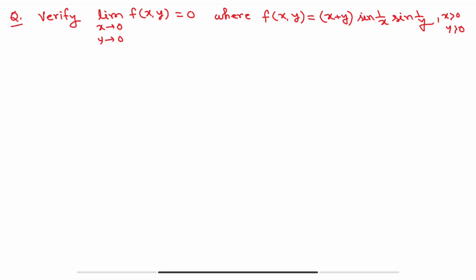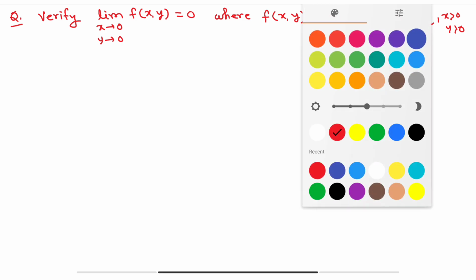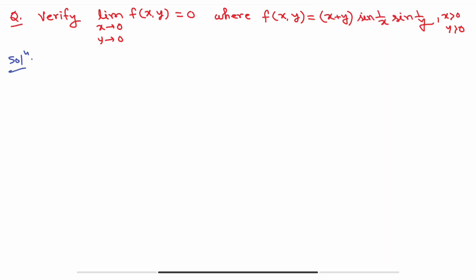Same concept. Solution. We have to show that limit f of xy equals 0, x tends to 0, y tends to 0. Actually, modulus of f of xy minus 0 will be less than epsilon. We have to prove this. So first of all, modulus of f of xy minus 0 is equal to modulus of, what is f of xy?